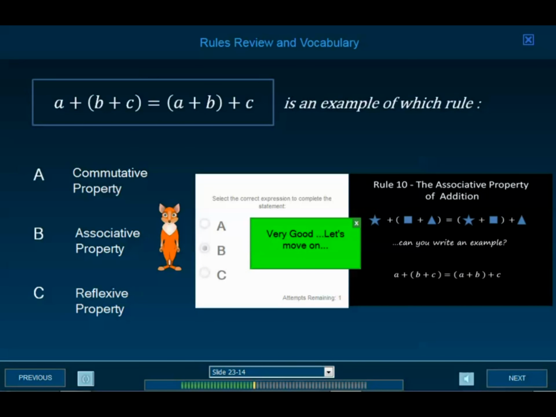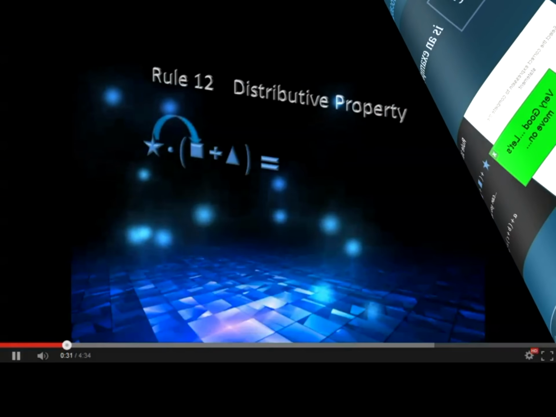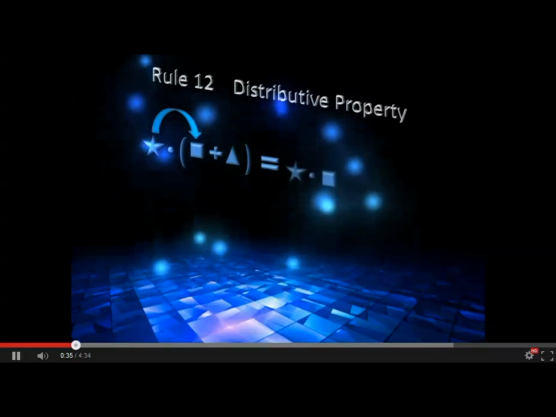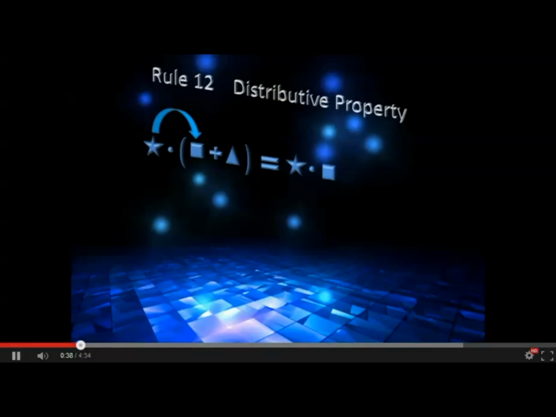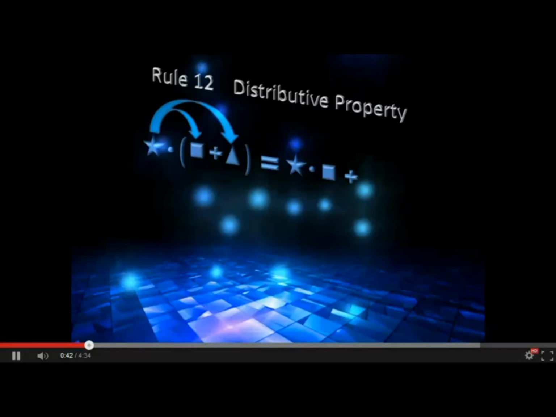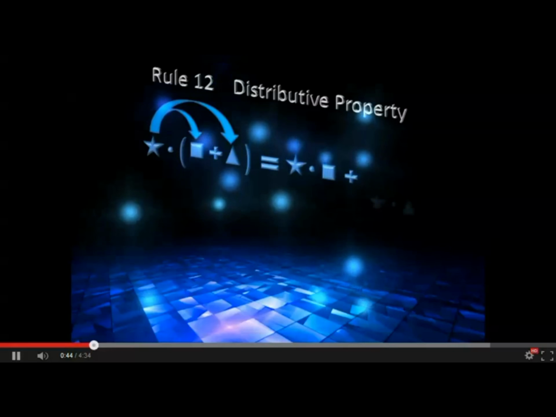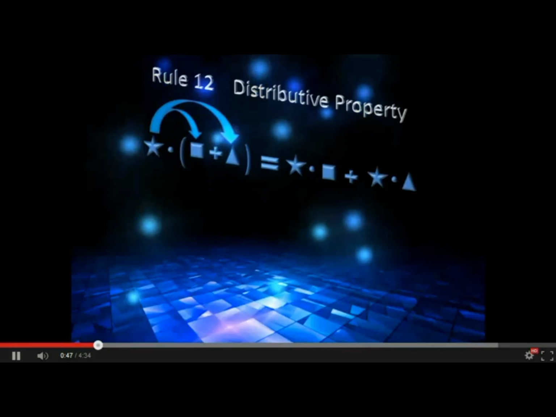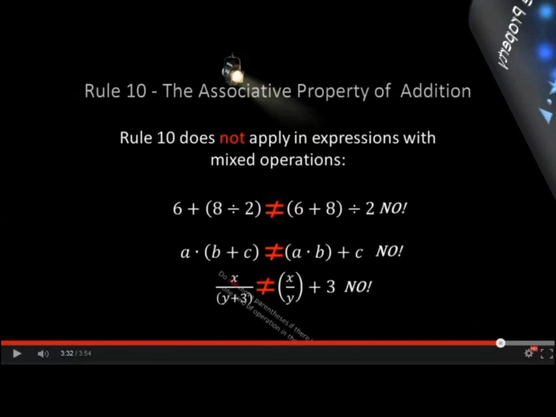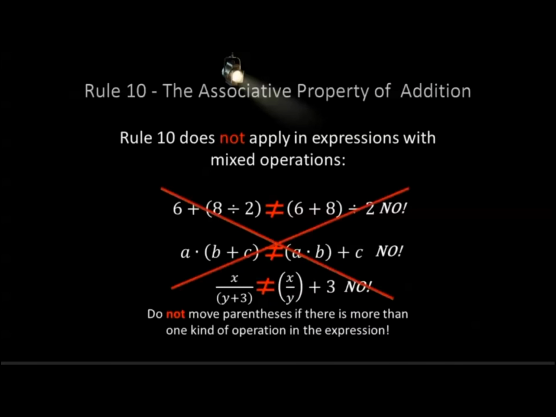A plus the quantity B plus C equals the expression outside the parentheses multiplying times the first expression in parentheses plus the expression outside the parentheses multiplying times the second expression inside the parentheses. Do not move parentheses if there is more than one kind of operation in the original expression.